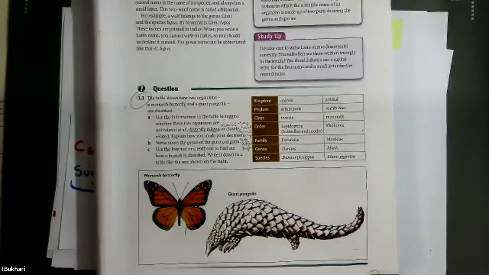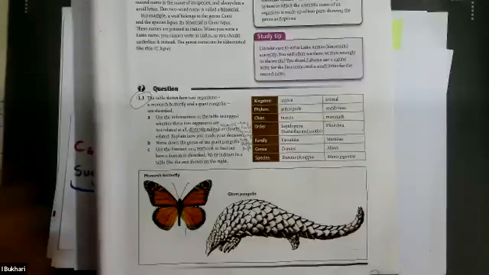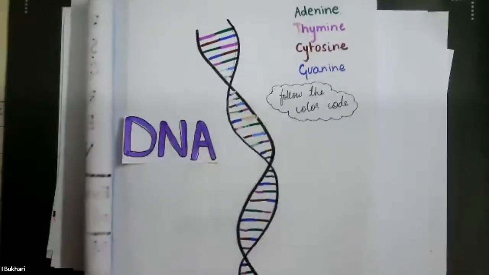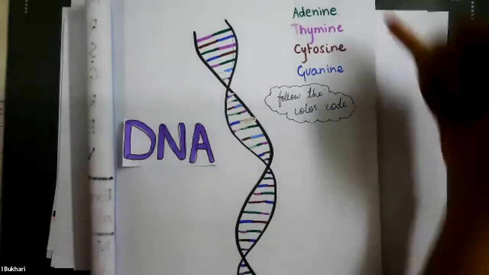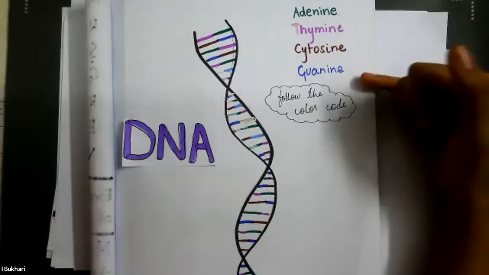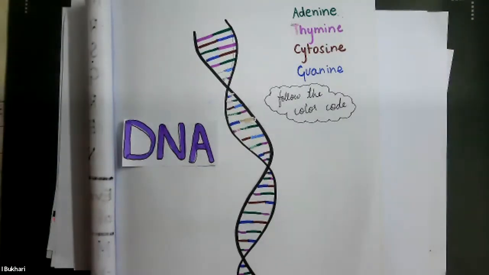So if the DNA gets mixed up, I told you, if they don't pair up correctly, like adenine and thymine and cytosine and guanine, if they don't do that, the cell is cancerous.